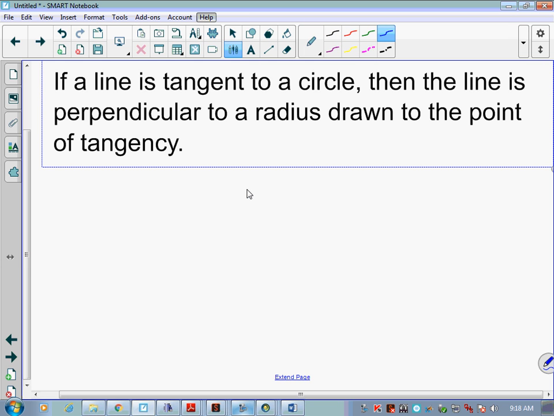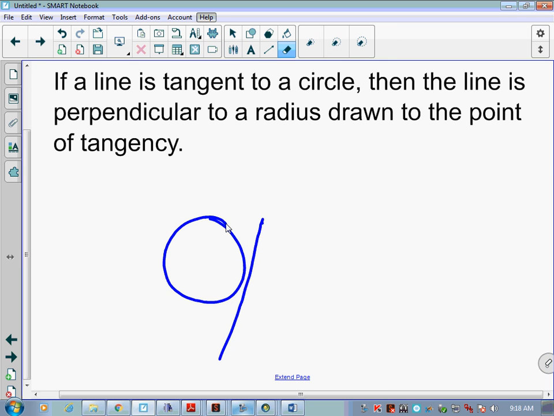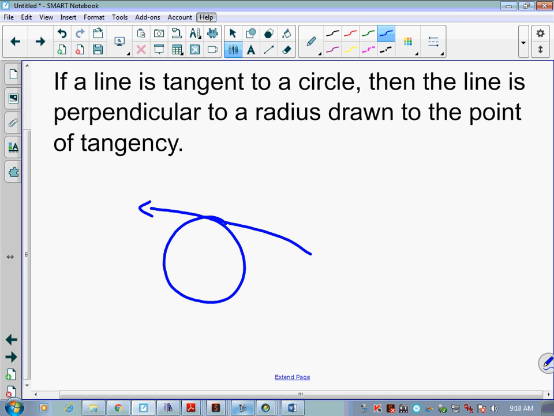So if I have a circle and a tangent line, a line that touches a circle at exactly one point, and here's the center of my circle, I could draw any number of radii, but there is going to be one radius that intersects that point of tangency at a right angle.